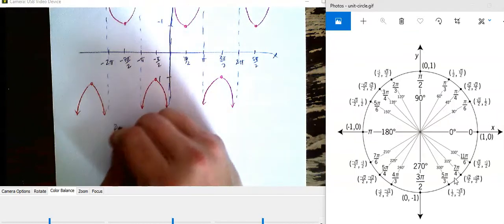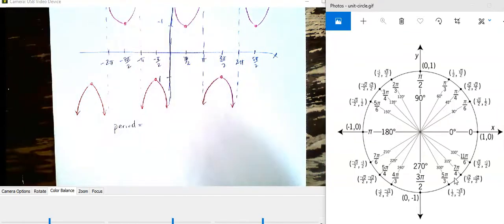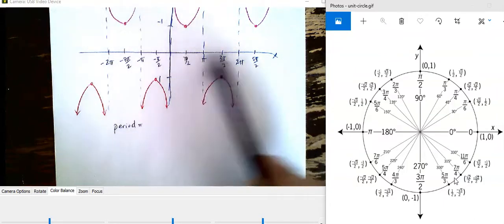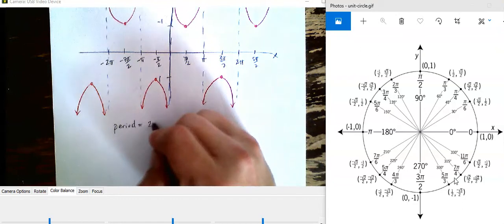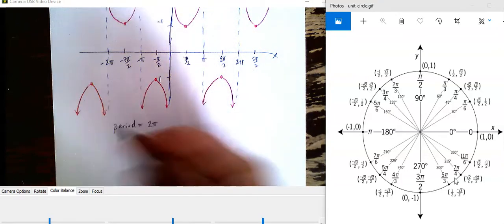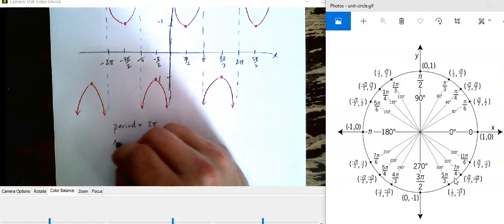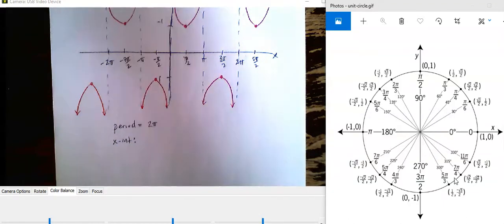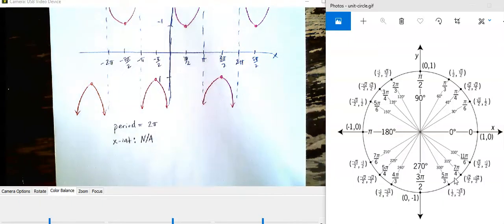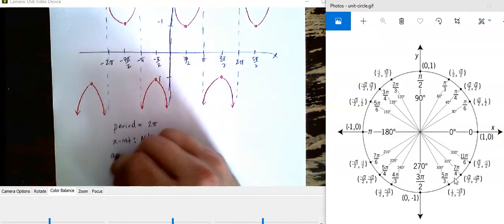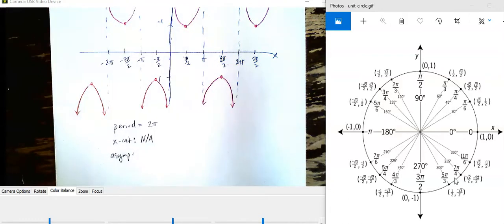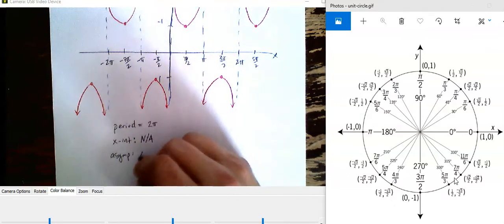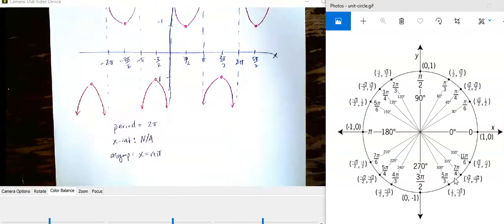So the period of this function, when does it start to repeat itself? Well, it's got to go up, down, up, so it repeats after 2 pi units. The X-intercepts occur at nowhere, so that's not applicable. And asymptotes occur at whole number multiples of pi, so n pi.